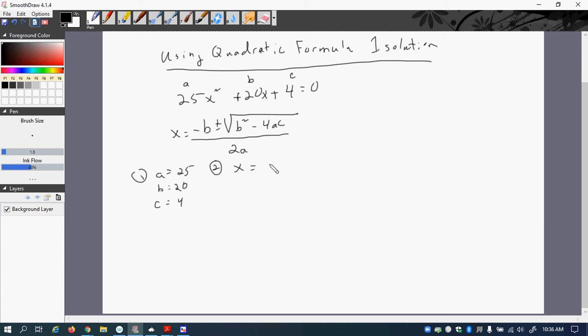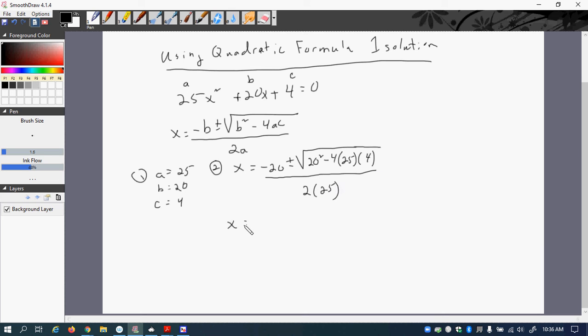So x is equal to negative 20, because there's a negative in the equation, plus or minus the square root of 20 squared, minus 4 times 25 times 4, and that's all divided by 2 times 25.